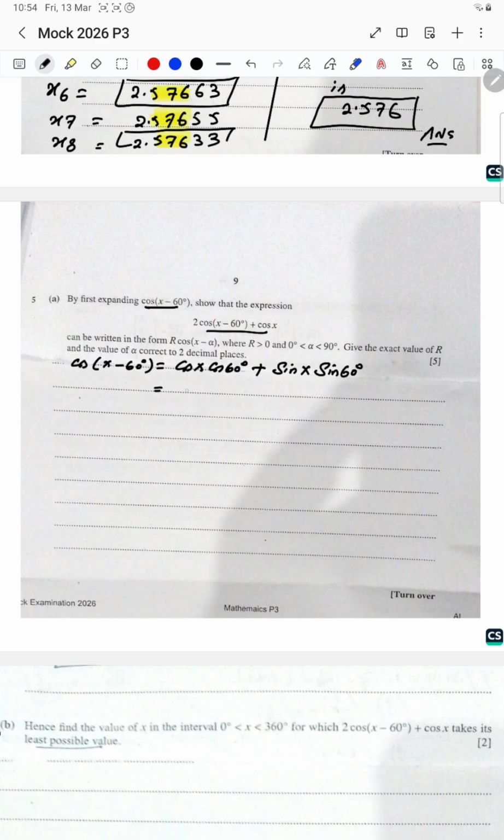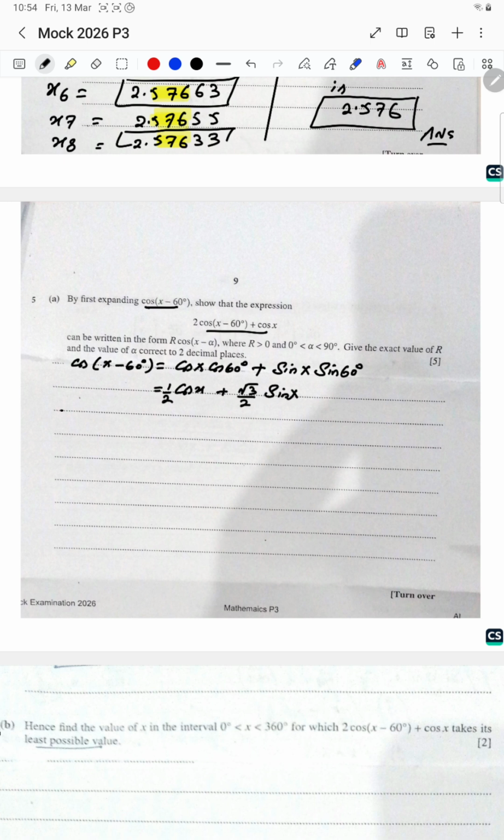We know cos 60 is 1 by 2 in the calculator, so it is 1 by 2 cos x, and sine 60 is root 3 by 2 sine of x, as we need to give the answer in this form.